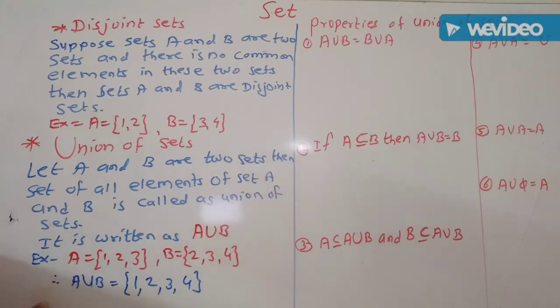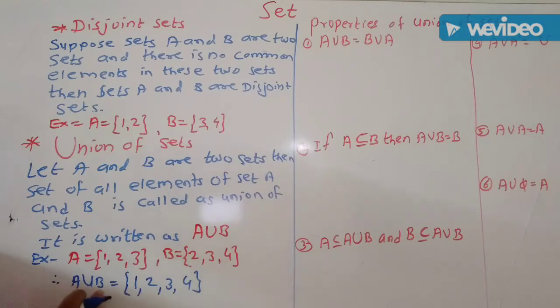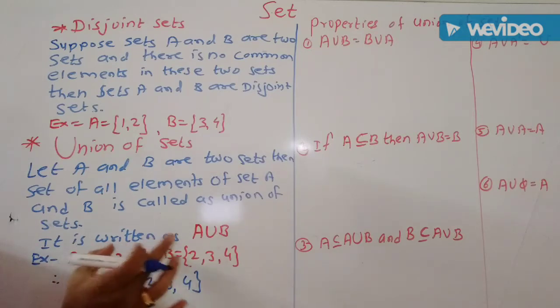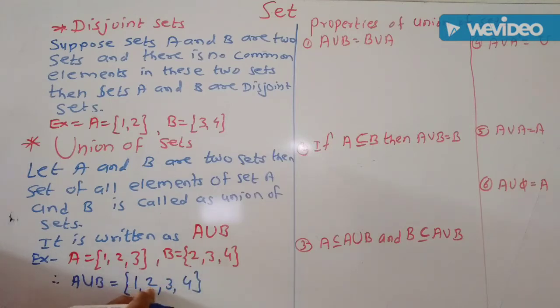This is A union B, that is union of sets A and B. In this A union B set, I write 2 and 3 only once, but these are present in A as well as B. To write the union of these two sets, we write repeated elements only once. Therefore, A union B means the set of all the elements in A and B.